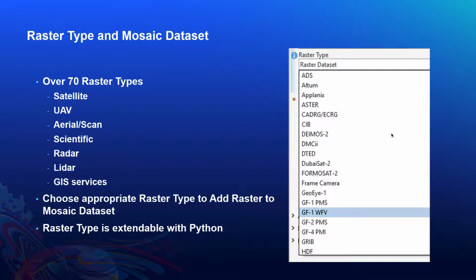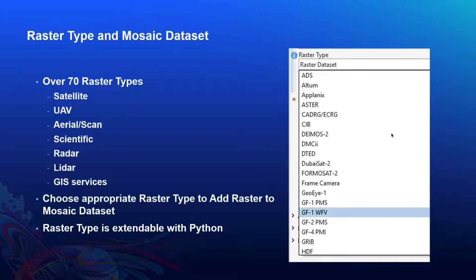And as of today, in ArcGIS, we support over 70 different raster types. These options are available through the Add Raster to Mosaic Dataset GP tool's raster type drop-down list.